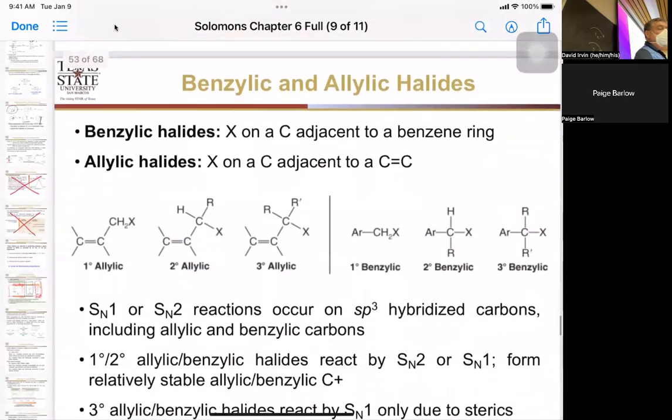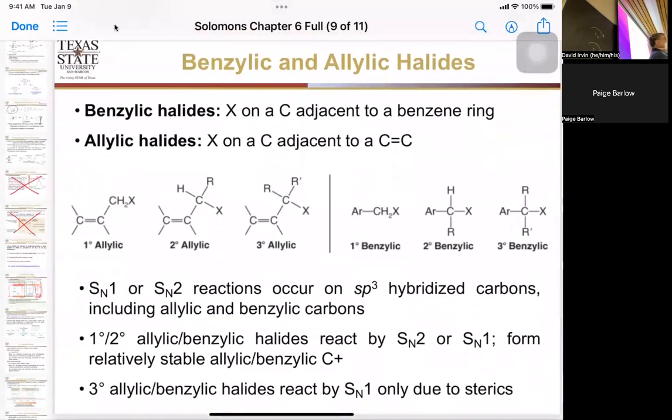But if you move one carbon away, have that double bond one carbon away, and it's sp3 hybridized, what happens is we actually have more stable carbocations. We can form a carbocation here, a carbocation here, and it will be in resonance with the double bond here, and it can go back and forth, meaning it's going to be stable.